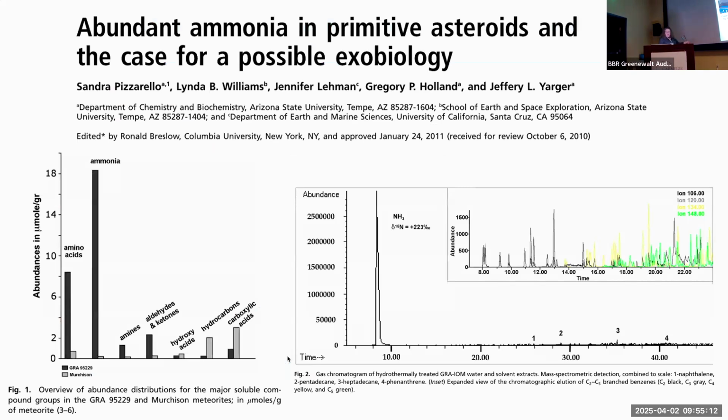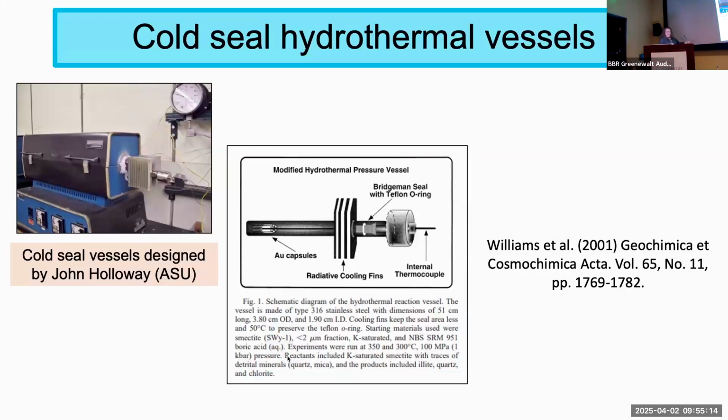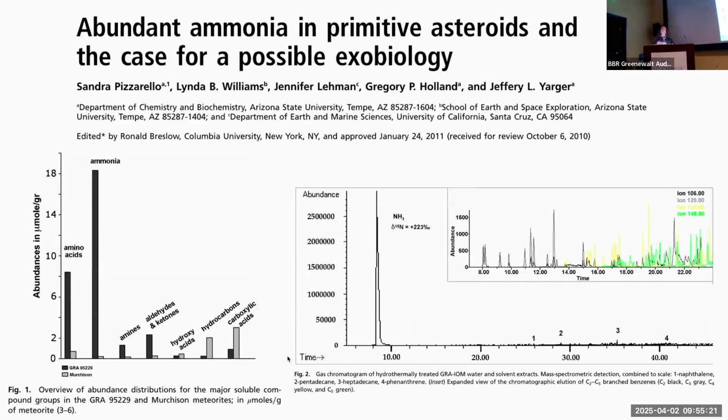The reason I bring up the cold seal vessel is because, in addition to thinking about abiotic and prebiotic reactions, this was the technique used for trying to go after meteorite abundance by heating IOM. This experiment was done by Linda Williams and Sandra Pizzarello at ASU, in the same reactor bay that I was using.